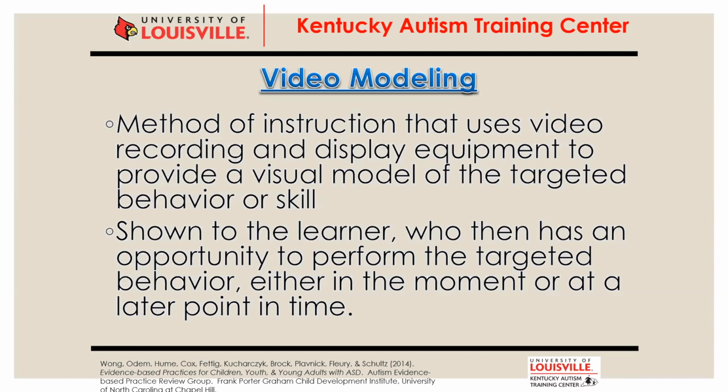If it's going to be very difficult to get your target child to engage in the behavior that you want them to do, then I have definitely used other kids, right? And you're going to show that learner exactly what you want the targeted behavior to look like. And you're going to show this to them once you get it recorded. You're going to show it to them before they need to engage in the behavior. And I know it's as clear as mud right now, but I promise it'll get clear.